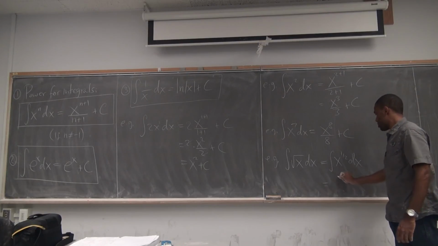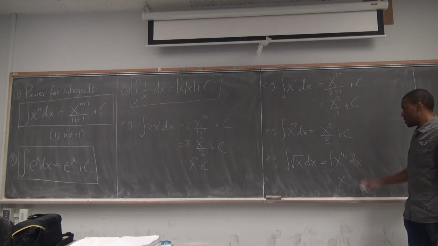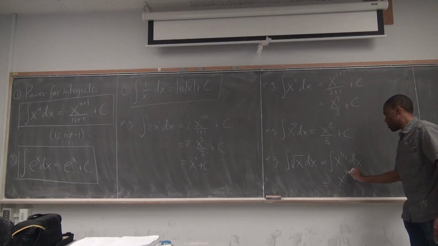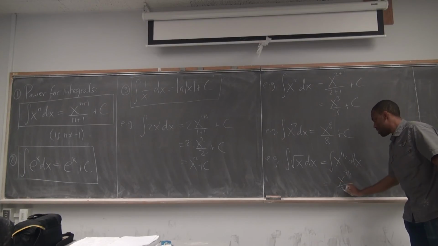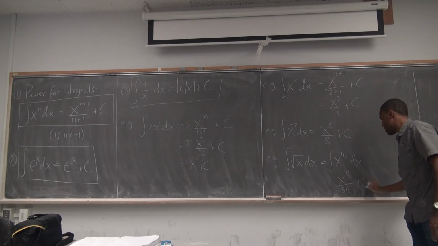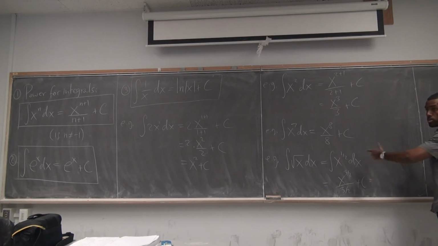And so I add 1 to 1/2, which gives me 3 over 2, and I divide by 3 over 2, plus c. Now notice that dividing by a fraction is the same as multiplying by the reciprocal. So this is just 2/3 x to the 3 over 2 plus c. And if I differentiate this, I will get that.